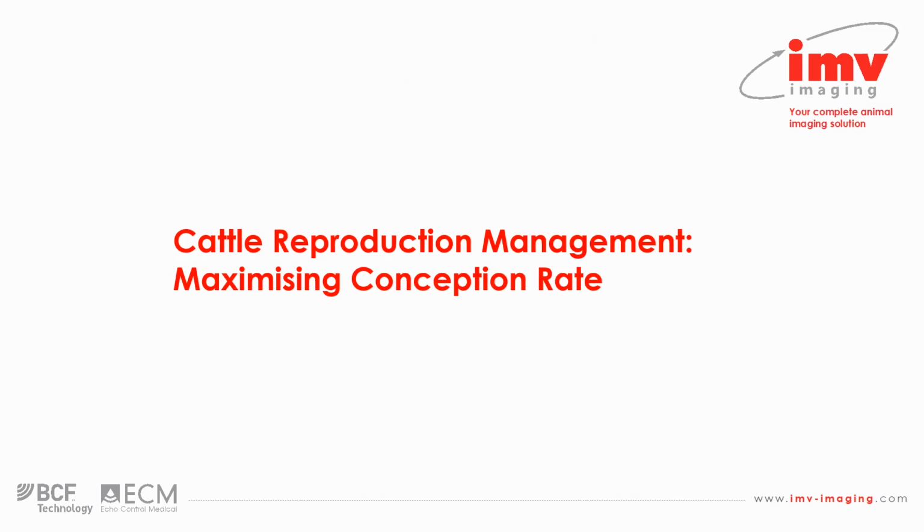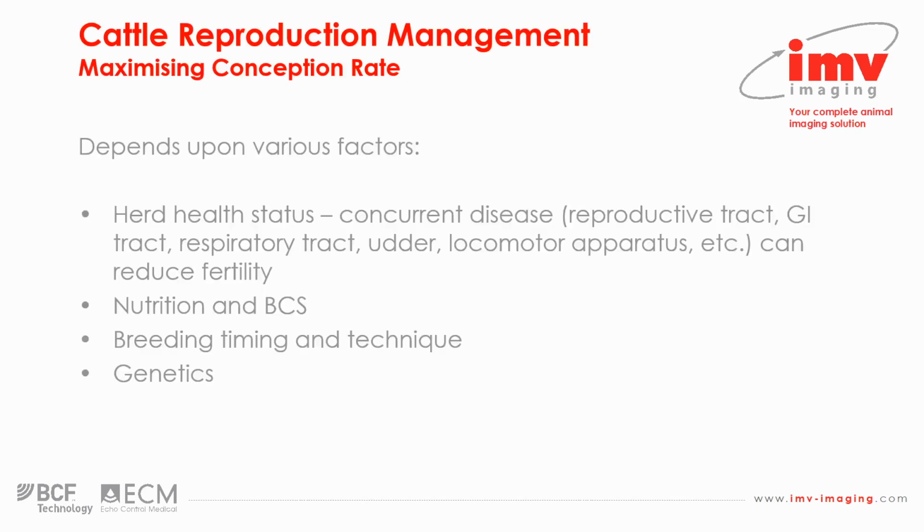So maximising conception rate can, as I alluded to earlier, depend on various factors, but herd health status is going to be key. If there's any intercurrent disease, obviously of the reproductive tract, but also GI tract, respiratory tract and so on: endometritis, pneumonia, mastitis. Have we got any locomotor apparatus disease?